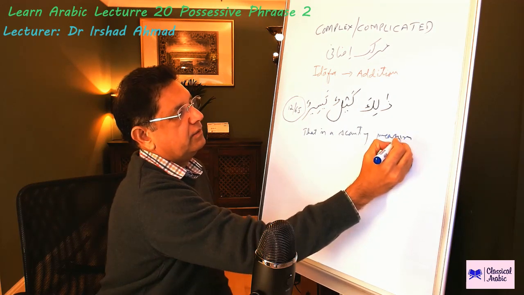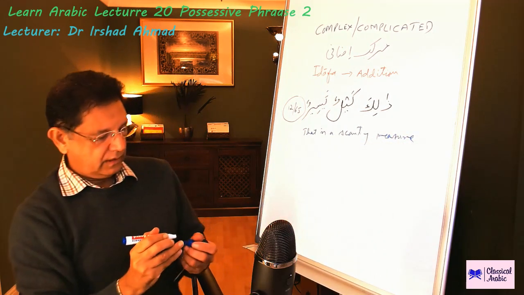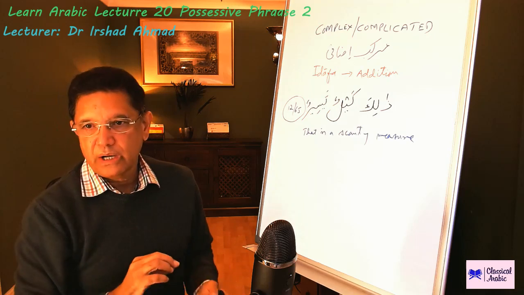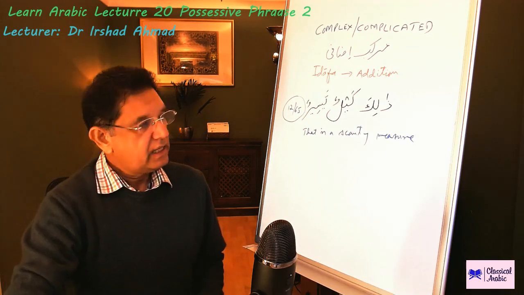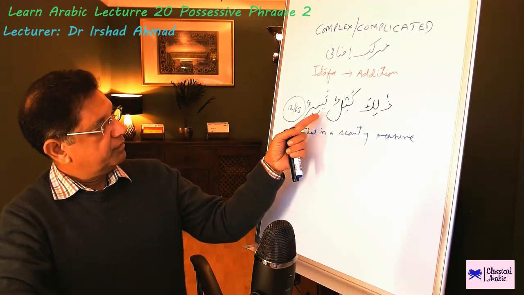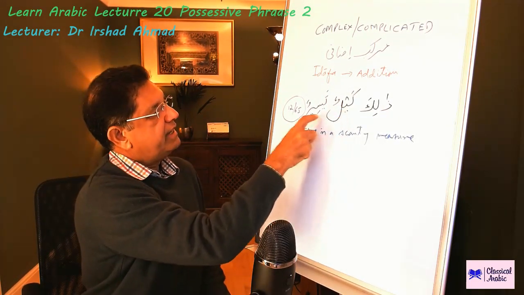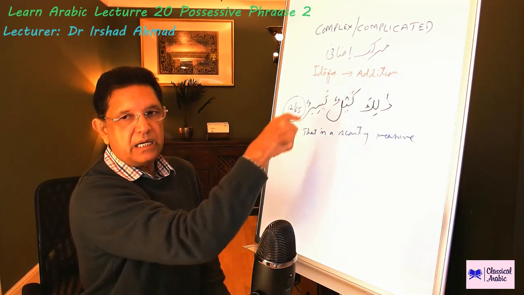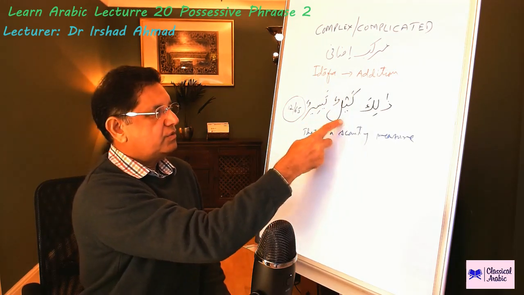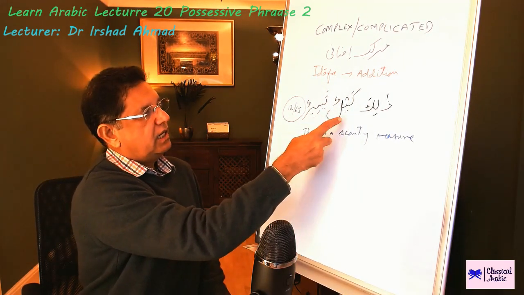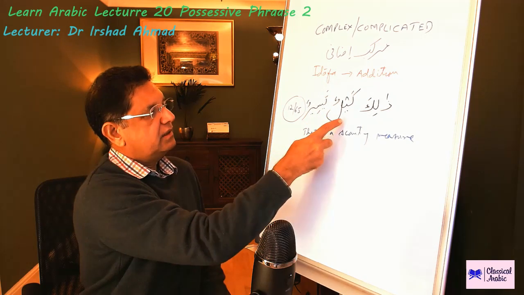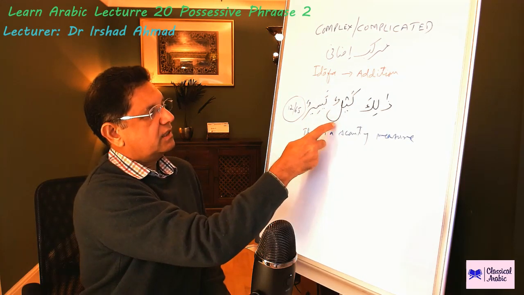You can look at different translations and different copies of Quran. There may be more than one translation. So that's again Murakkab Tawsifi. What kind of measure? Scanty measure. So that's Mawsoof Sifa construction, and Mawsoof and Sifa combine to make Murakkab Tawsifi, which is our Khabar here.